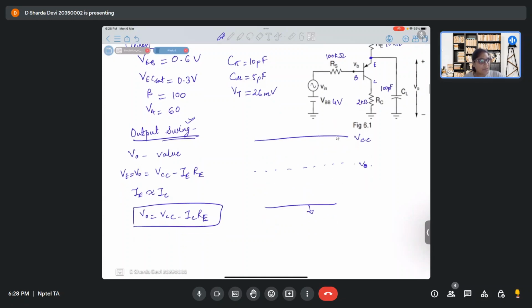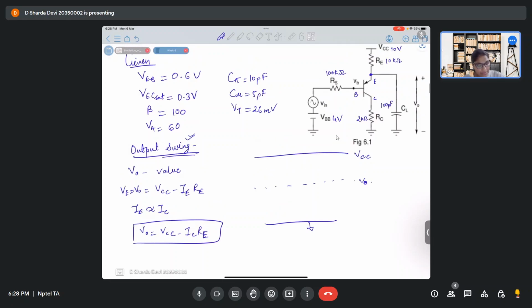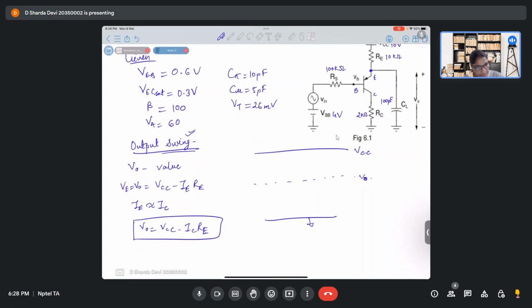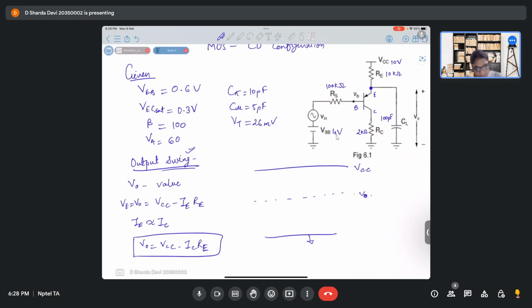This is one expression. Secondly, we have to find this V naught. We know VEB, this value. So how about if we write the KVL using this value, can we find V naught? We can find it, right?